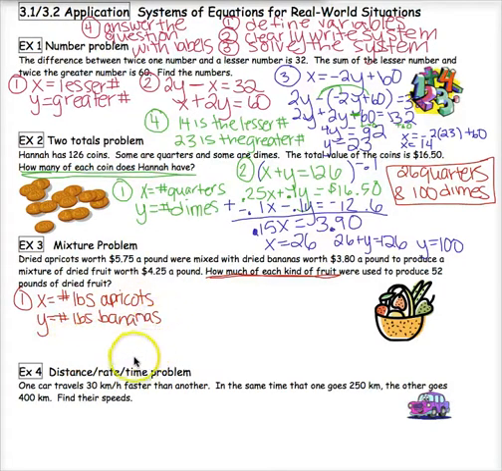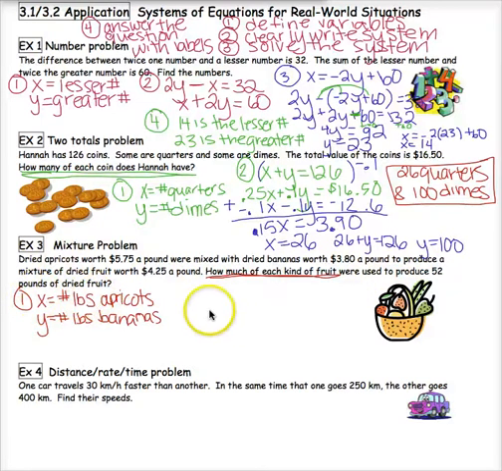All right, now I'm going to read through again. The dried apricots are worth $5.75 a pound. They're mixed with dried bananas, worth $3.80 a pound, to produce a mixture of dried fruit worth $4.25 a pound. The other key information, we're producing 52 pounds of dried fruit.